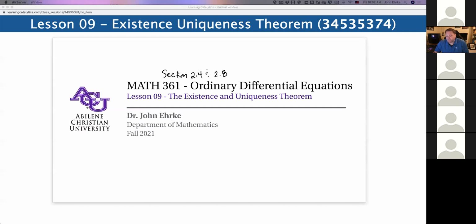Just highlight some things that are due. I believe today you have homework. WebAssign homework for autonomous equations is due today. So things like comparing phase lines and phase plane and finding equilibrium points and looking at what that means, those sorts of things for that homework.